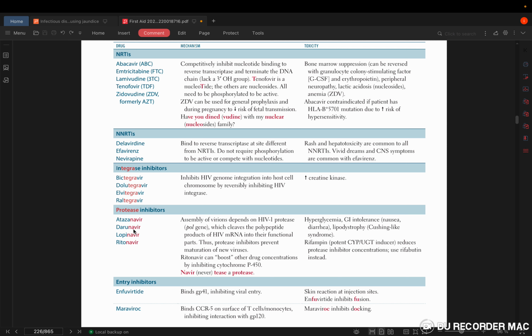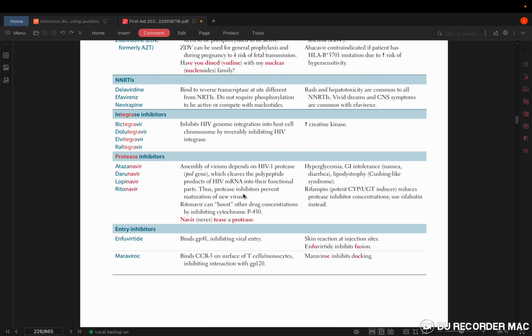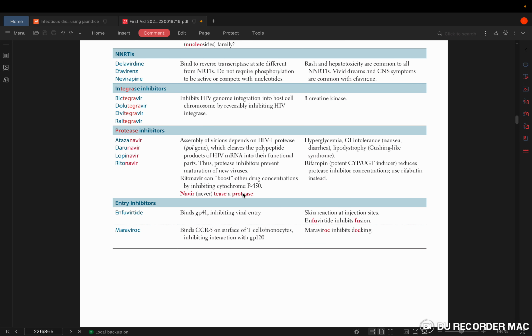Yes, Maraviroc. Absolutely correct, the binding one. Because it prevents the binding, with no binding they get some form of fake immunity. Not immune, but like immune.